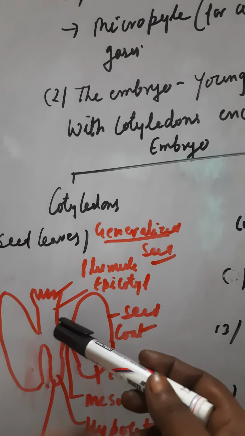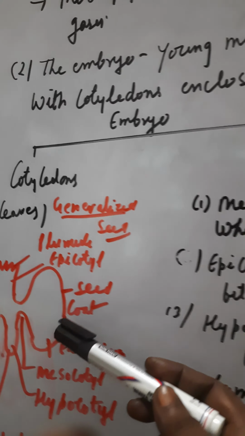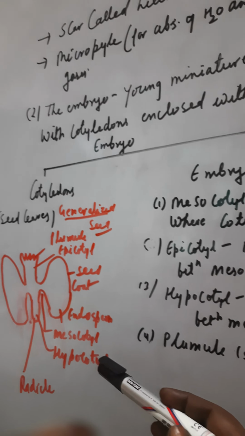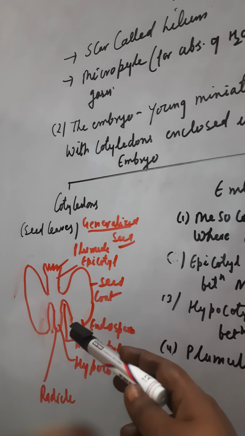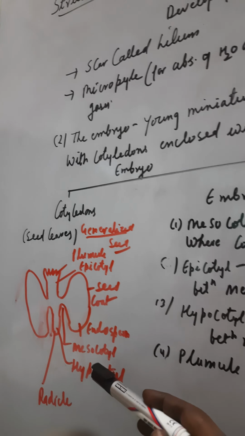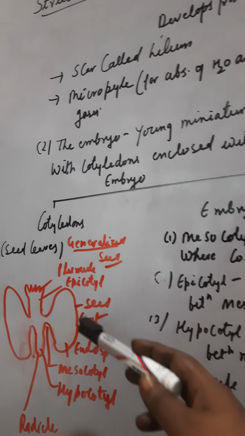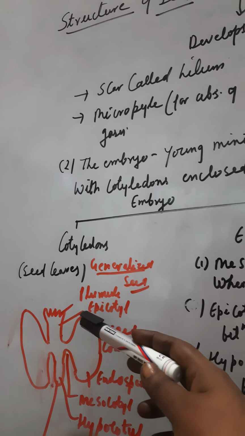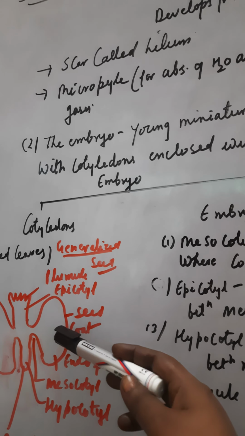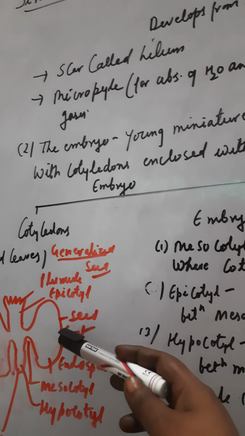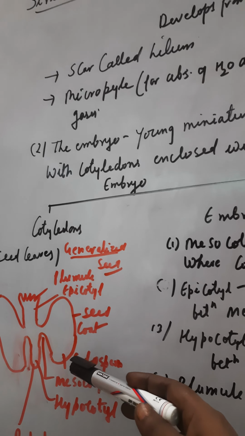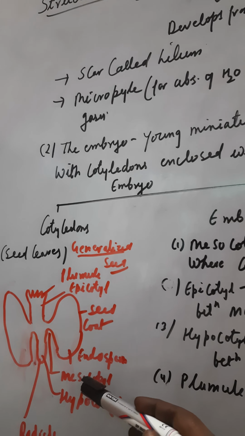And hypocotyl is the portion of the embryo axis between the mesocotyl and the radicle. This is the mesocotyl and this is the radicle, so this portion is called the hypocotyl. So the epicotyl lies between the plumule and the mesocotyl, and the hypocotyl between the mesocotyl and the radicle.